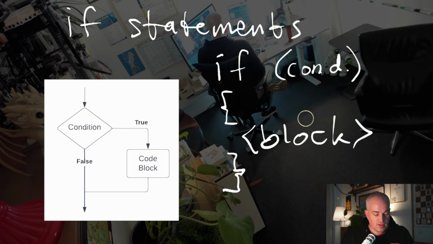If it's true, then this block gets executed. If the condition is false, then it's skipped. Then we just go straight through to the next part of the code, which is down here. So whatever goes down here will be executed if the condition is false.